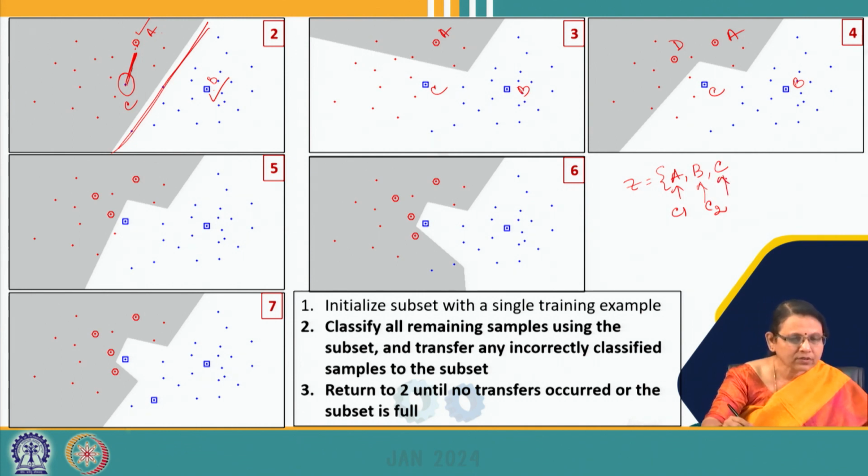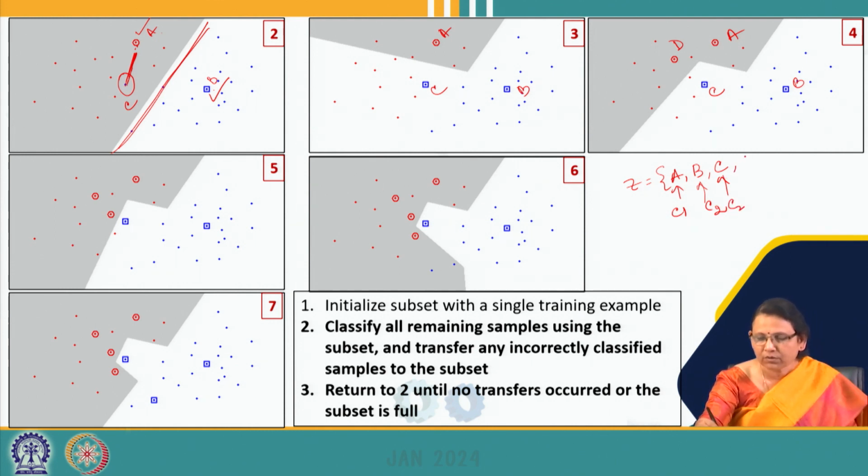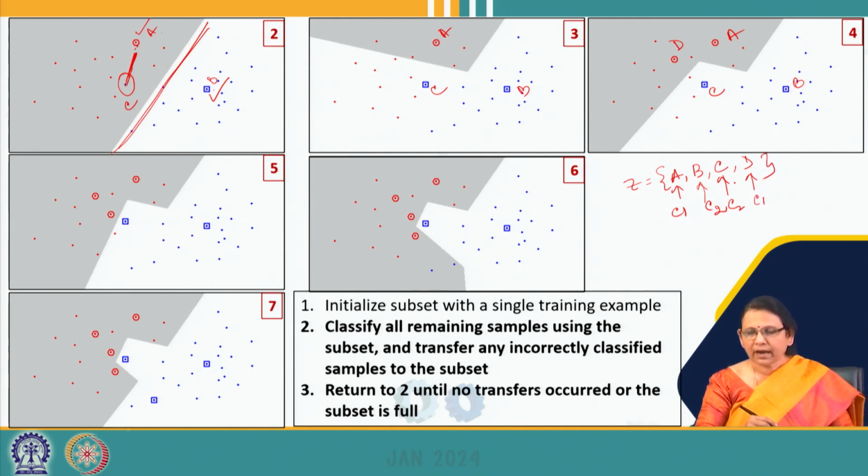Class of C was C2, same as that of B, and now you transfer D. What is the class of D? Class of D is same as that of A. So, by adding D with respect to C, you have made one more partition. This was your original partition, now you have made one more.